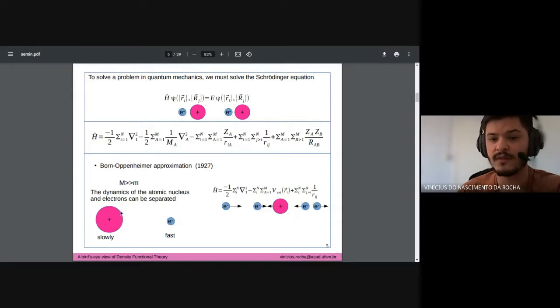So, without loss of generality, we can consider that the nuclei are stationary and act as an external potential. So the second term of the Hamiltonian is null and the last term is constant. So our Hamiltonian can be written in a simpler way and becomes the electronic Hamiltonian.